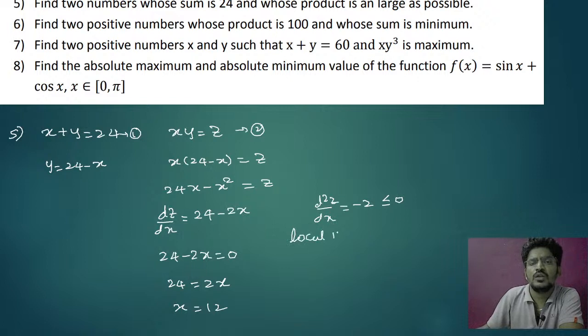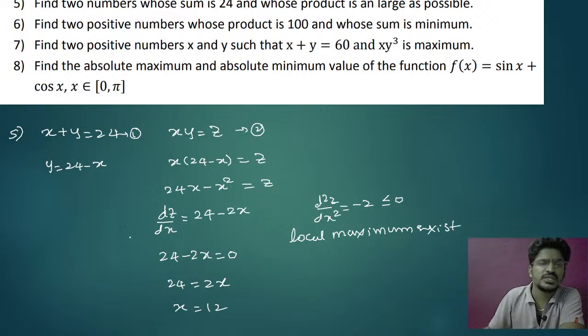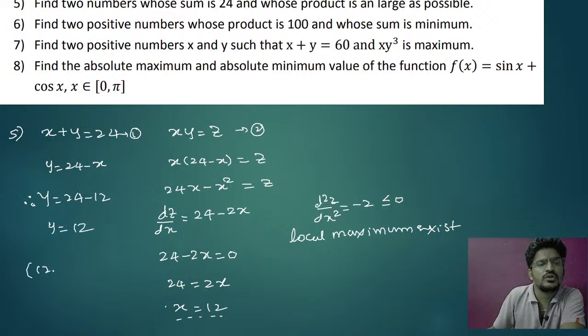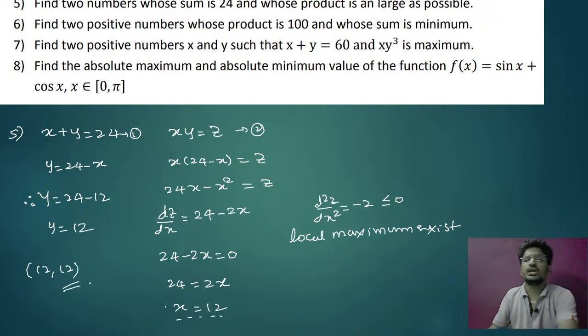Therefore local maximum exists. Clear? Therefore y will be equal to 24 minus 12, because x is equal to 12, y is also equal to 12. Therefore 12 comma 12 is the required answer.